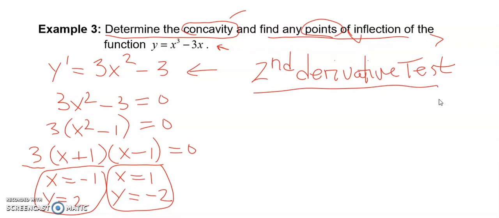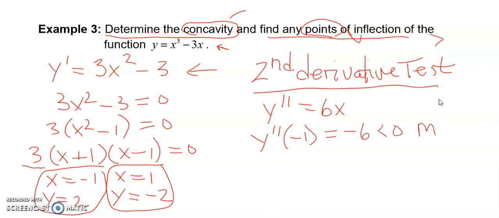So I've got about 1 minute left. The second derivative is, well, it was just 6x, wasn't it? That was easy. So you take the second derivative and you plug in -1, for example. If I plug -1 into the 6x, I get -6. So that's less than 0. It's concave down. So ta-da! There you go. That's a max.